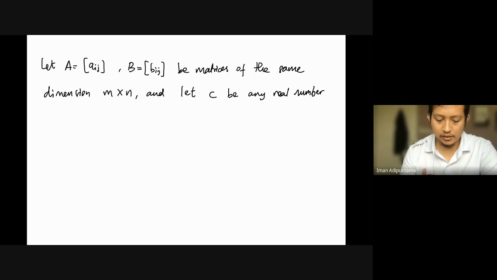So let's say we have A and B, matrices of the same dimension, row and column, and C is any real number.